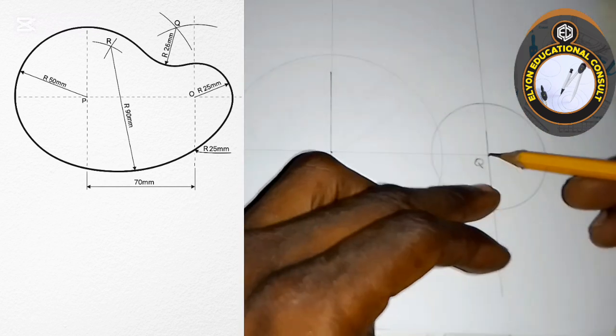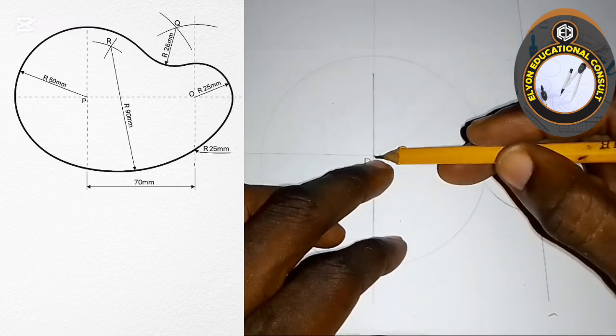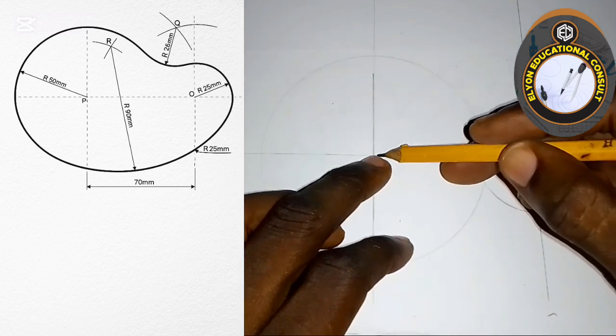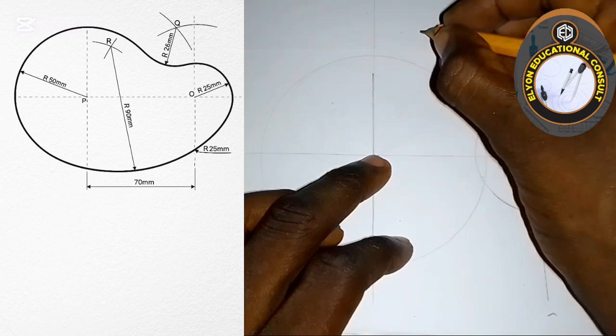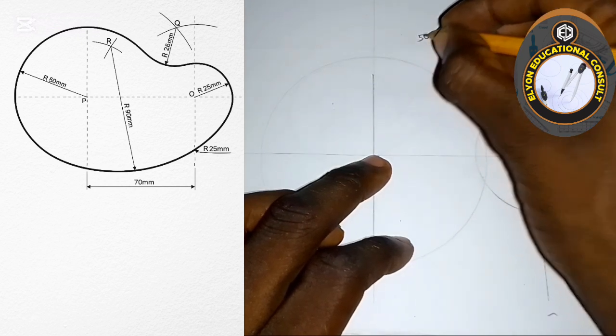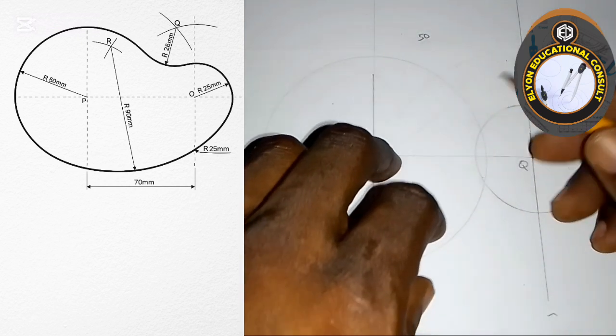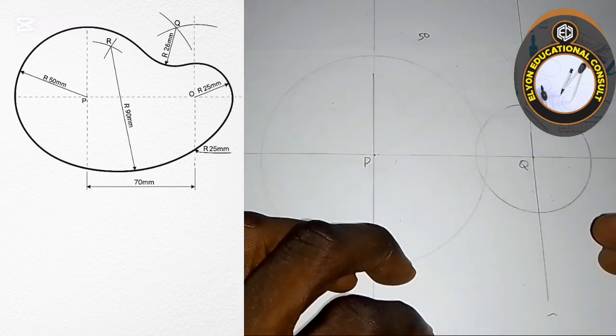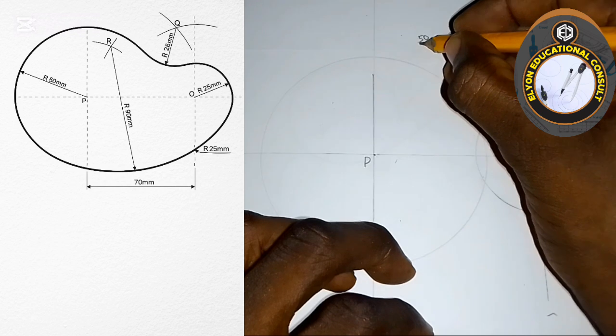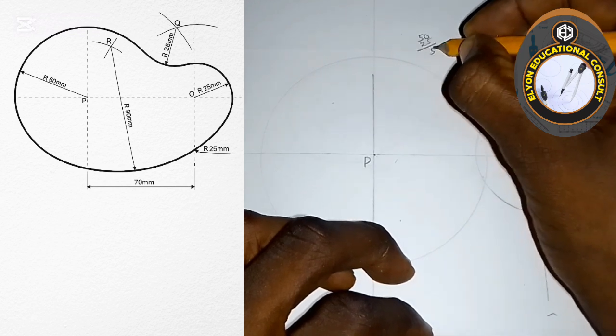I can start with this first, or this. Let me start off with this part now. The radius of this circle here is 50. Since the arcs are going separate ways, I'm going to add the radius of the arc, which is 25, so that will give me 75.